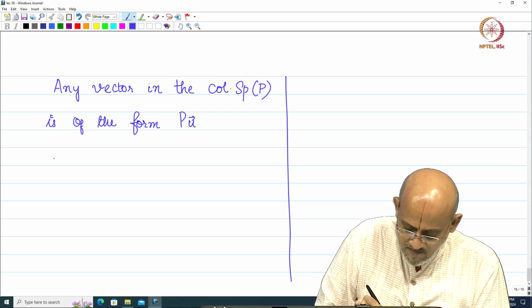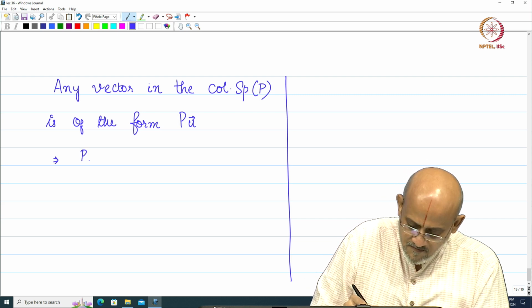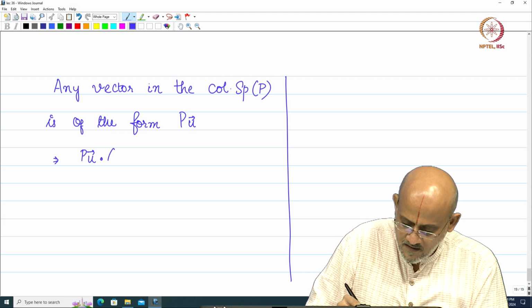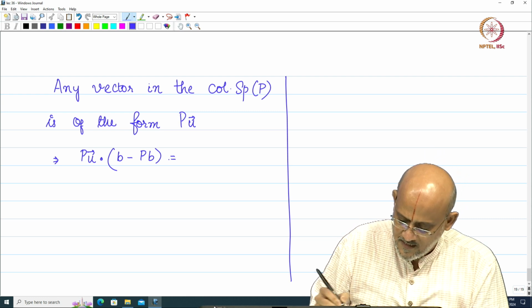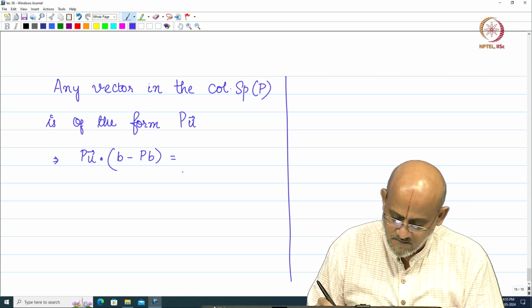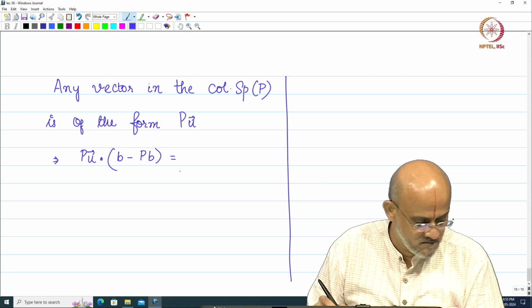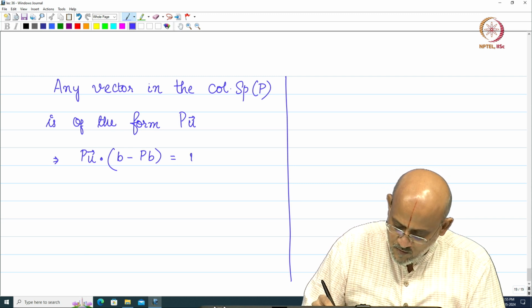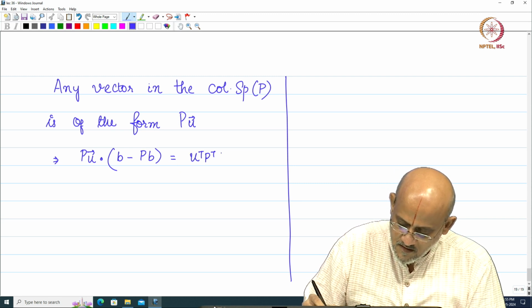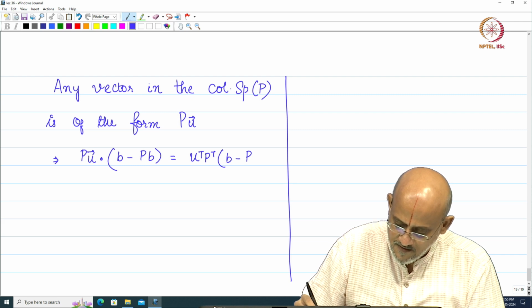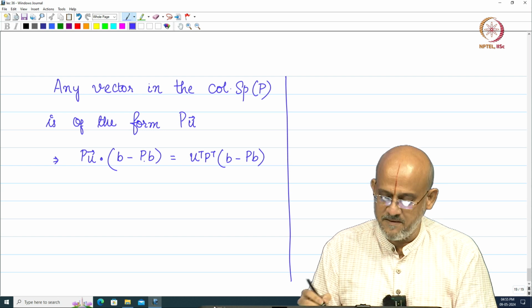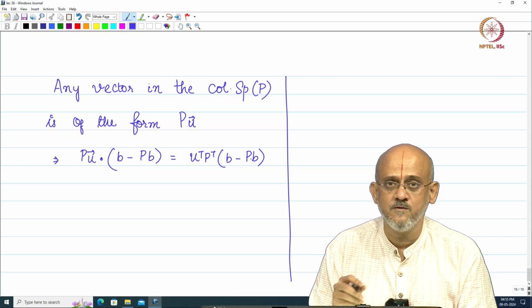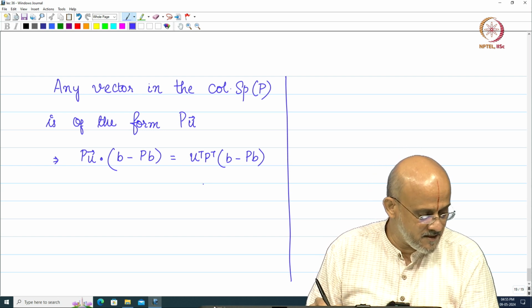So what we have is Pu dot B minus Pb, which is basically Pu the whole transpose into B minus Pb. So we have U transpose P transpose into B minus Pb.